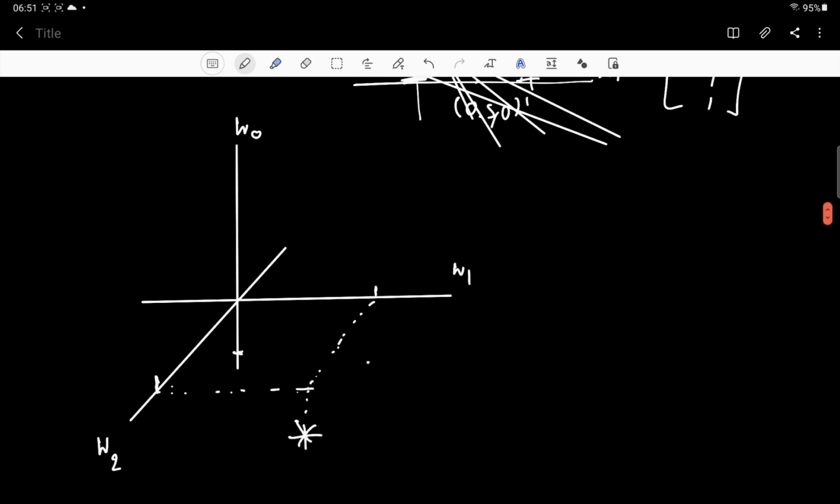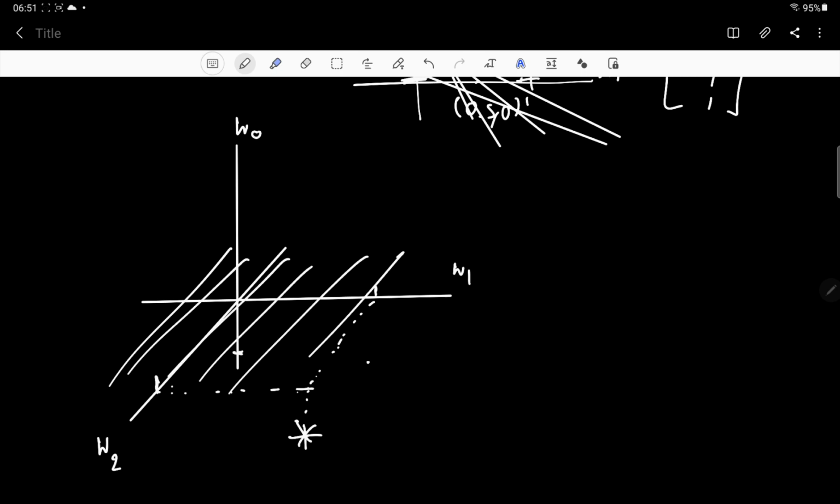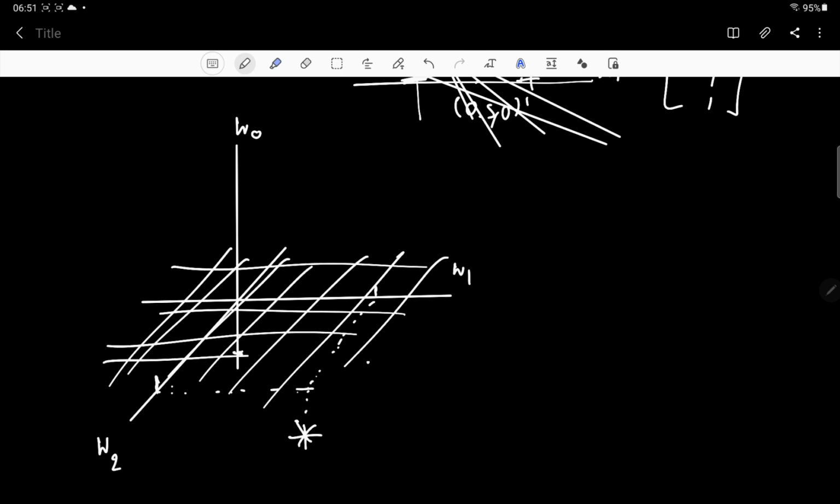To help you understand it clearly, I think it is easier to understand this in 2D. So, guys, I will show you the plane where W0 is 0 first. In the case that W0 is 0, we project this view from the top.